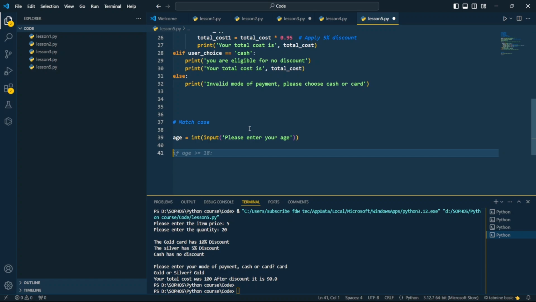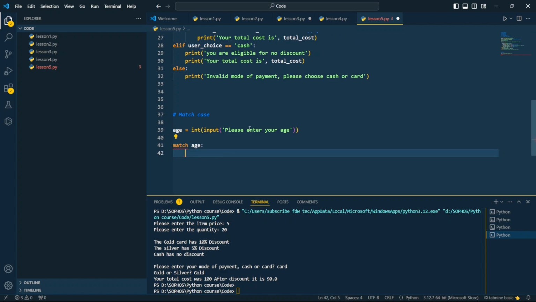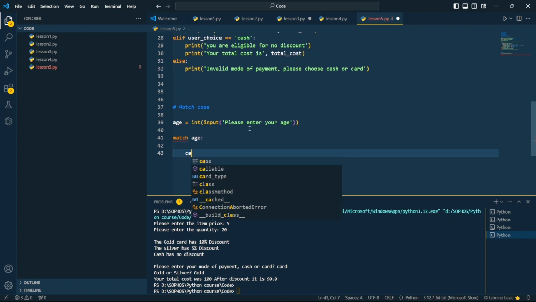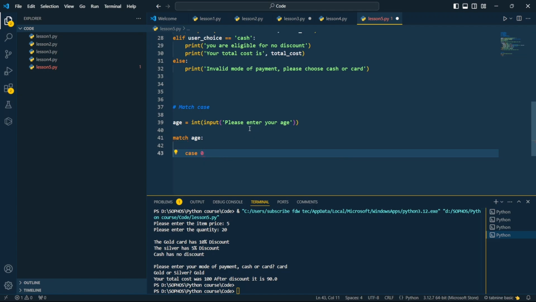So what match case does is, the structure is you write match age, then put colon. For example, I have a program that would check whether the age is 0, 10, 90 or 100. So what I would do here is I would see the indentation, same as the if else condition. I would write case 0.